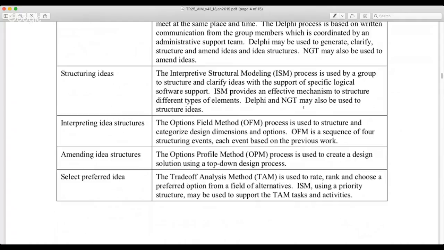And then select the preferred idea. The trade-off analysis method is used to rate, rank, and choose a preferred option from the field of alternatives. ISM using a priority structure may be used to support the trade-off analysis method and activities.